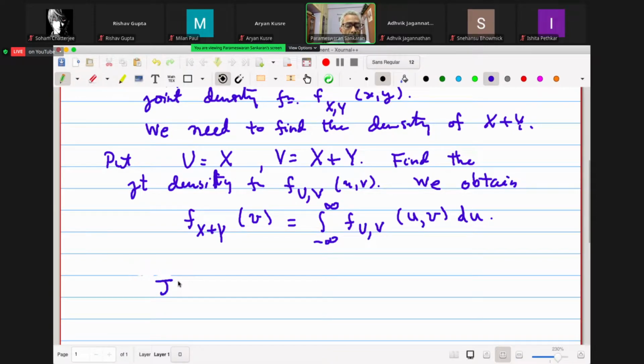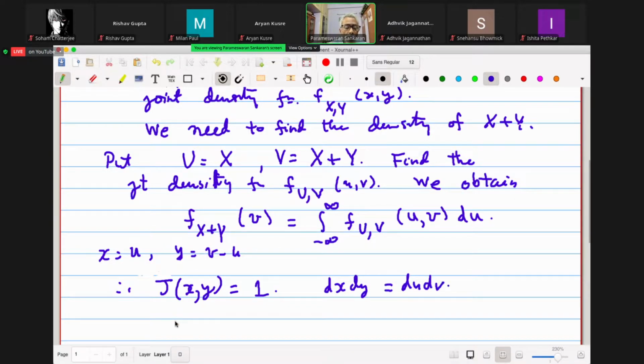So Jacobian of x comma y with respect to u, v: you have to write x is equal to u, no problem, and y is equal to v minus x, but x is u, so v minus u. And now you compute the Jacobian matrix and the determinant will be equal to the constant function 1. So dx dy is of course du dv.